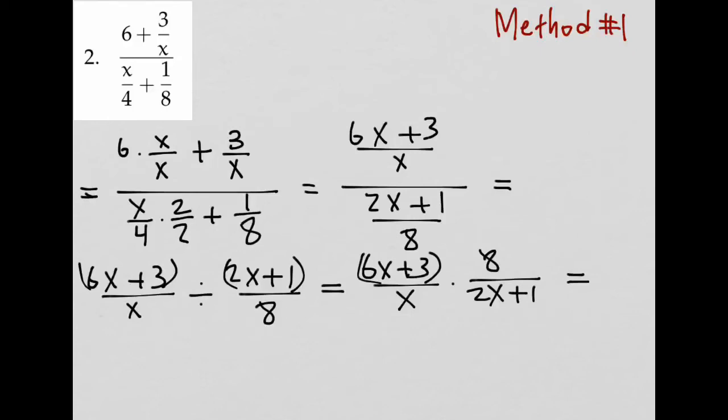That's equal to 6x plus 3. We can factor out a 3 from that. We have 3 times 2x plus 1 over x times 8 over 2x plus 1.